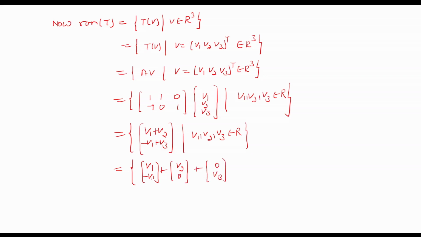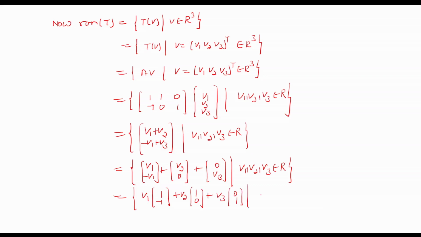If you add these three vectors, you will get the previous vector. Got it? So this is equal to V1 (1, minus 1) plus V2 (1, 0) plus V3 (0, 1), where V1, V2 and V3 belong to the real numbers.